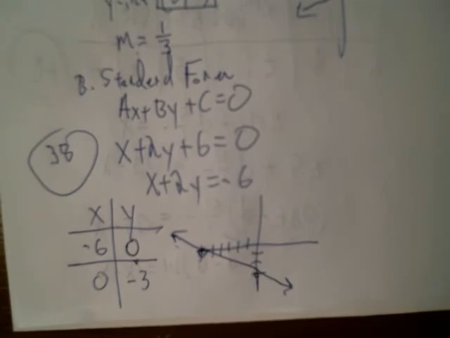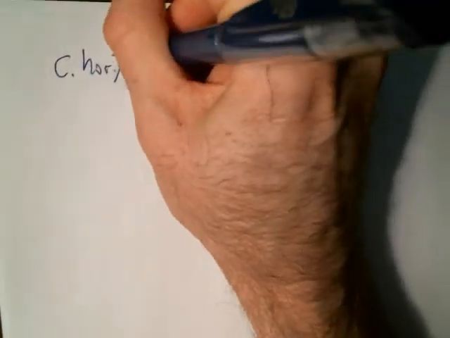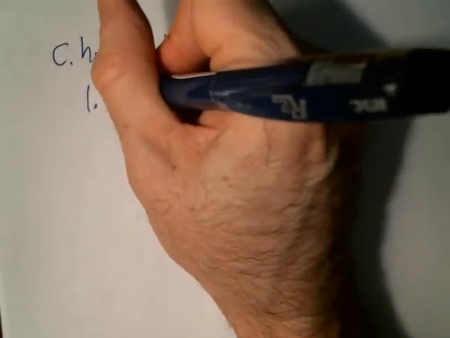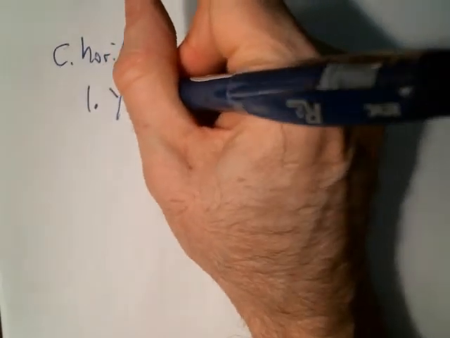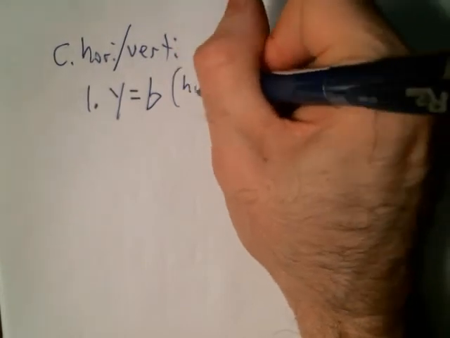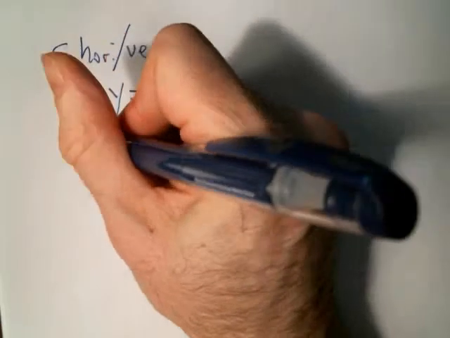We also need to be able to do horizontal and vertical lines. Let's take a look at those real quick. For horizontal lines, that will be where y equals some value, we'll say b. So y is always b, and x varies.